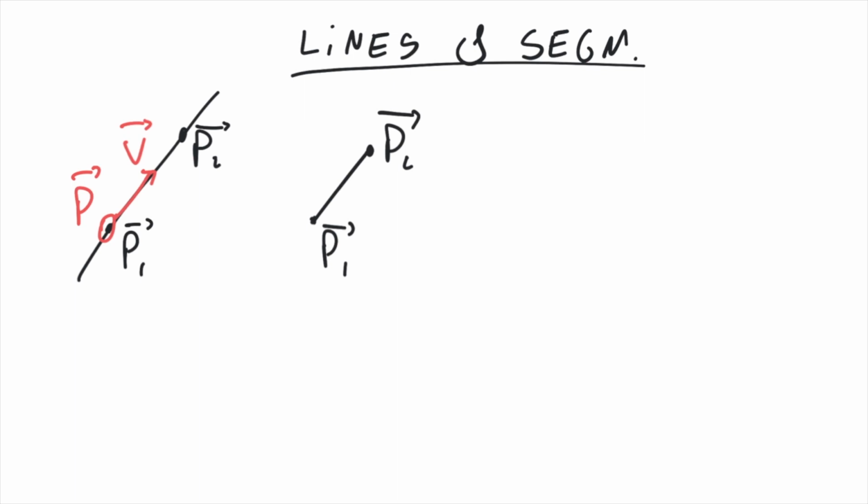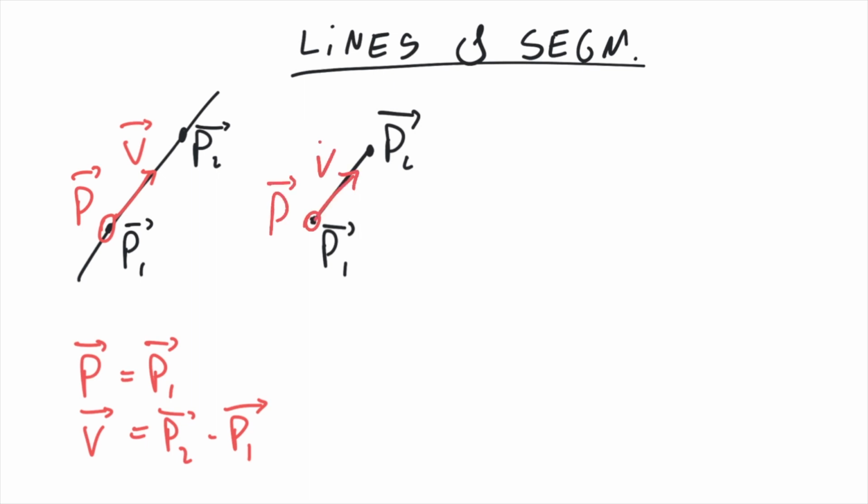So in this case, P is equal to P1 and V is equal to P2 minus P1. You should note that the same is true for a segment. You can also use P and V to represent a segment, keeping in mind that whenever you move in the direction of V, you should never go through P2.